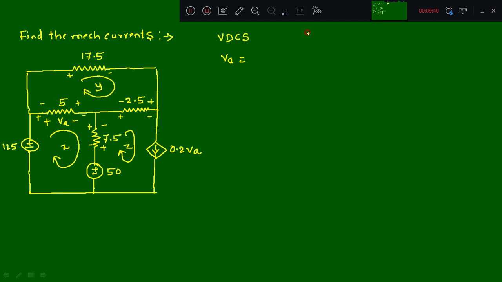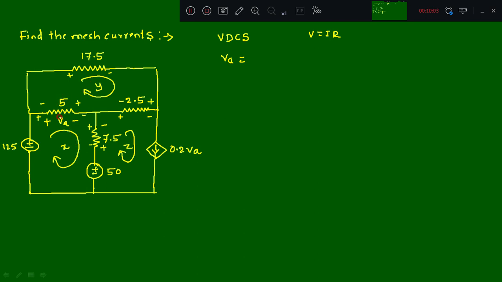So we know from Ohm's law V is equal to I into R. We know the R value, how much it is? 5 ohm. We need to find I, means we need to write I here, but we cannot take x alone or y alone. It is shared between the 2 loop currents. Therefore we should write what? x minus y or y minus x.